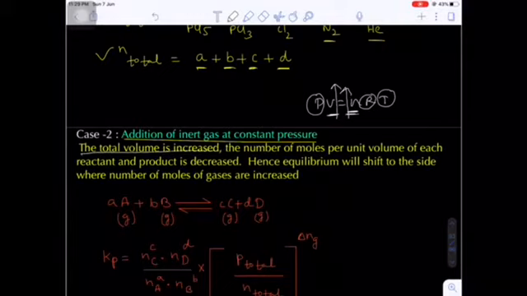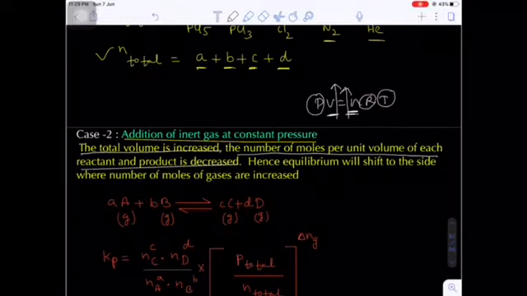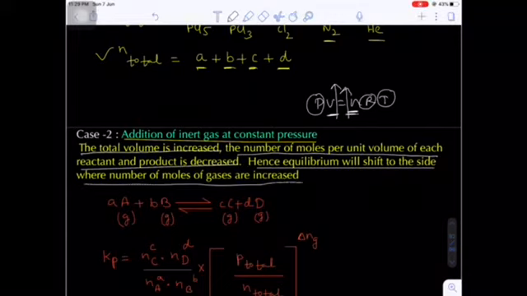The total volume increased, so the number of moles per unit volume of each reactant and product will decrease. Because volume increases, the number of moles per unit volume decreases, hence the equilibrium will shift to that direction where the number of moles increases, gas molecules increase.